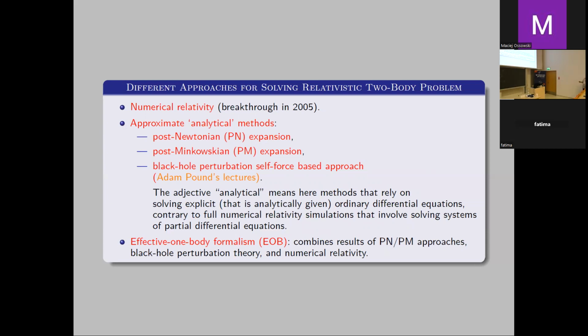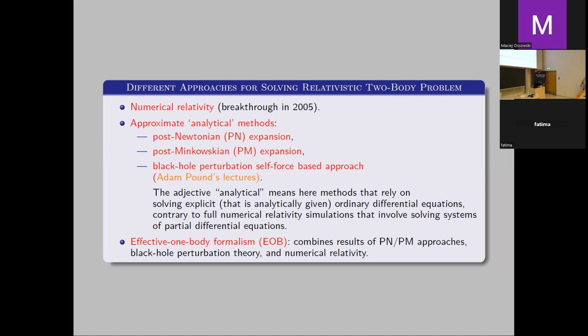And we have approximate analytical methods. Post-Newtonian ones, post-Minkowskian ones, or the black hole perturbation, self-force-based approach, which was discussed in Adam Pound's lecture. Again, this adjective analytical technically means here that this method relies on solving explicit, that is analytically given, ordinary differential equations.